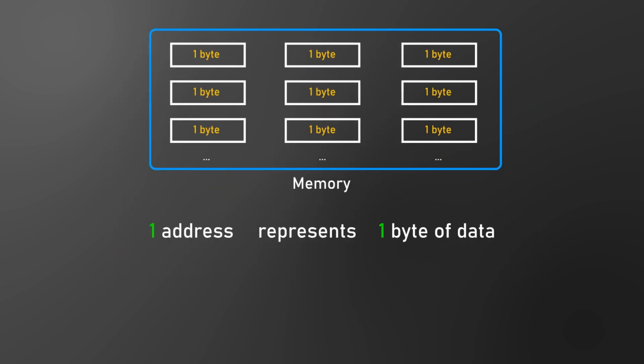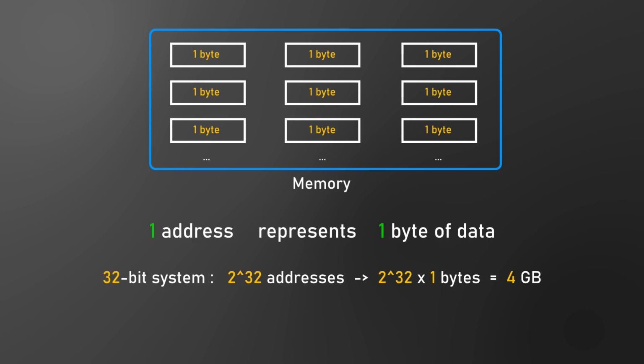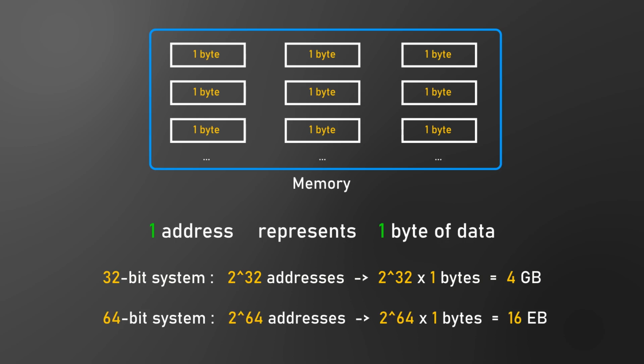So an address can refer to 1 byte of data in the storage. Therefore, in a 32-bit system, 2 to the power 32 addresses can refer to 2 to the power 32 bytes, which is 4 GB of data at a time. Similarly, in a 64-bit system, 2 to the power 64 addresses can refer to 2 to the power 64 bytes, which is 16 exabytes of data at a time, which is virtually infinite.